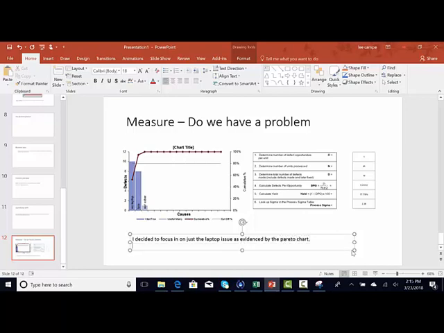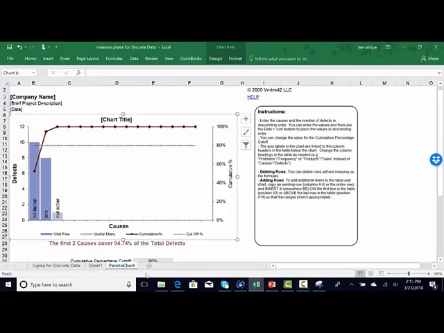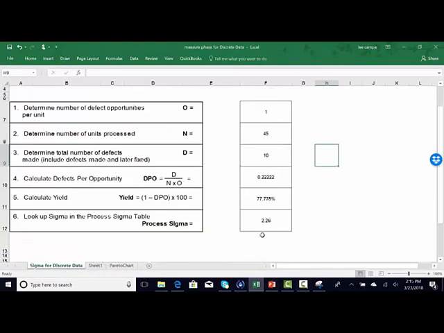All right, and then the sigma for just laptop is, I tell you what, I can't read that, so let me look here. 2.26, or only 77%.